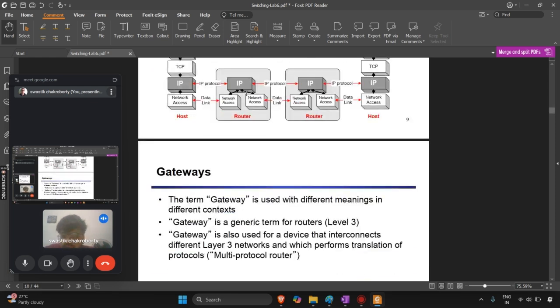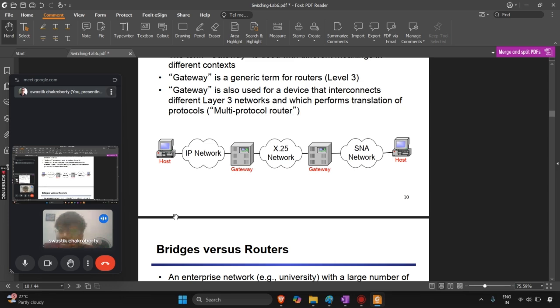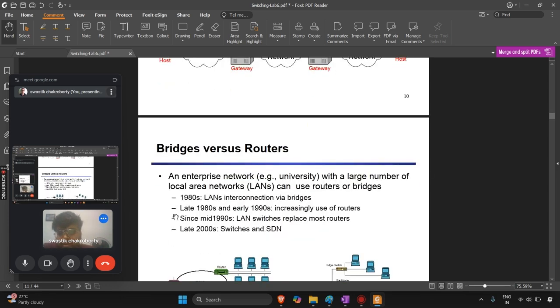Routers provide the gateway to the entire internet. So routers are also called gateways, whereas bridges just amalgamate LAN networks to form larger LAN networks.